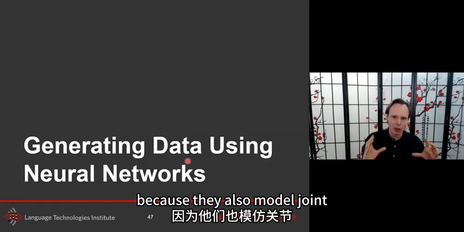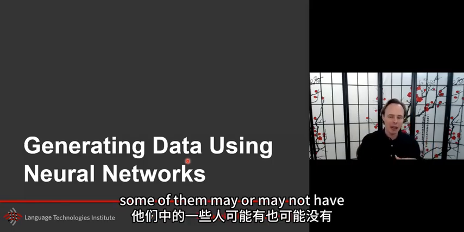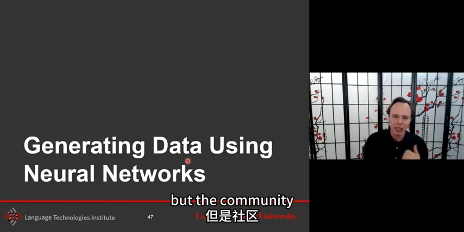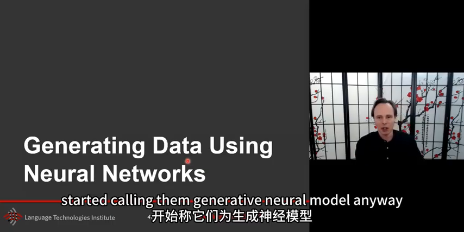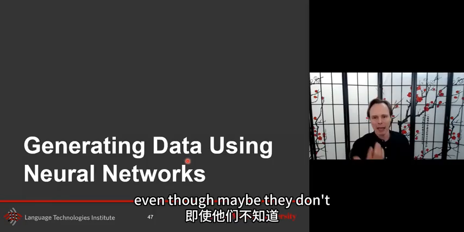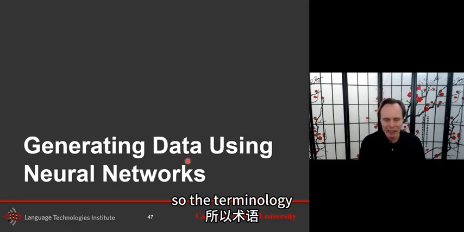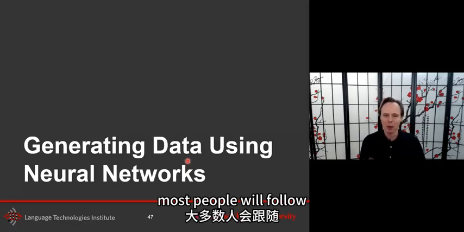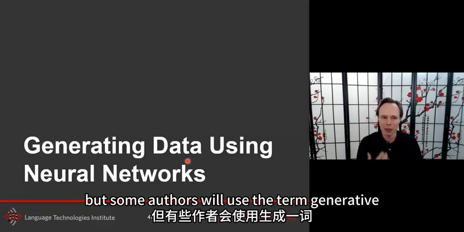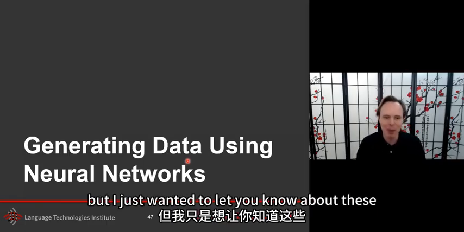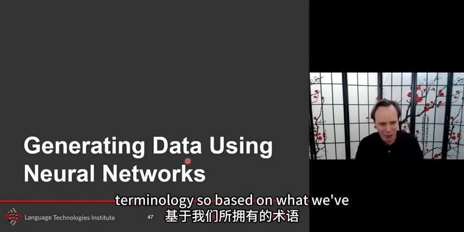Some of them may or may not explicitly model the joint distribution, but the community started calling them generative neural models anyway. So most people will follow this terminology, but some authors will use the term generative even though it's not modeling the joint distribution. I can't do anything about that, but I just want to let you know about this terminology.